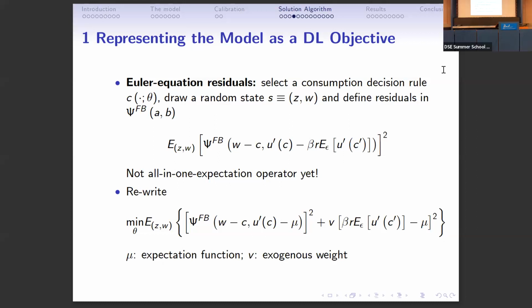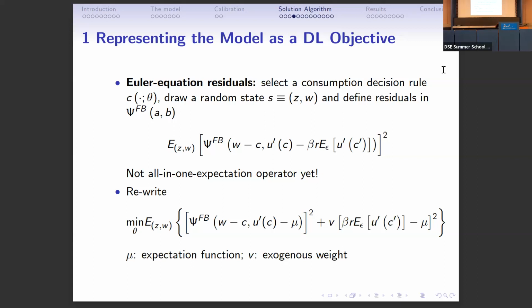So you need to use, for example, a grid for epsilon and then a grid for Z and W, which is just very expensive. But if you combine epsilon and put it outside, it makes your life much easier.